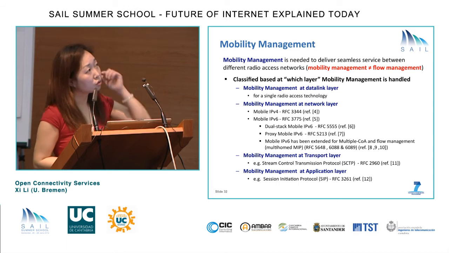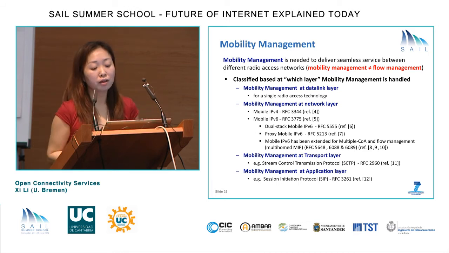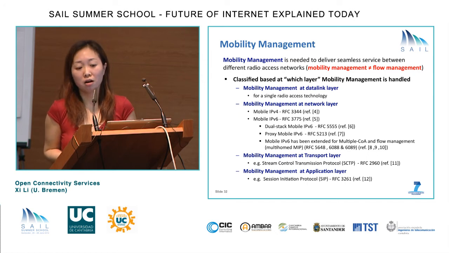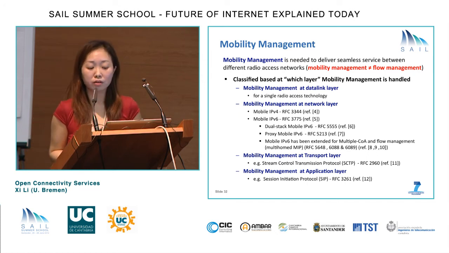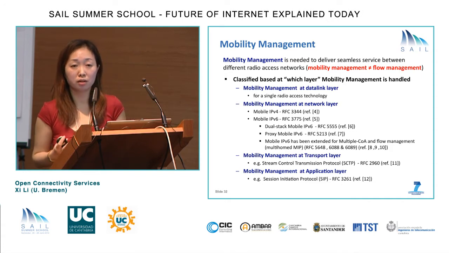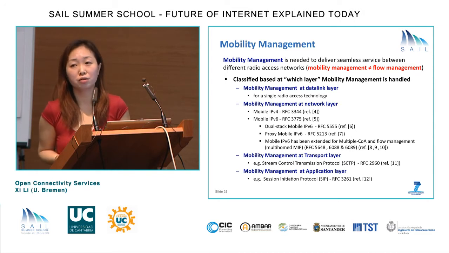Here you need to take notice that mobility management does not equal flow management, because mobility management is only dealing with issues of mobility. However, flow management does not require the user to be moving around.